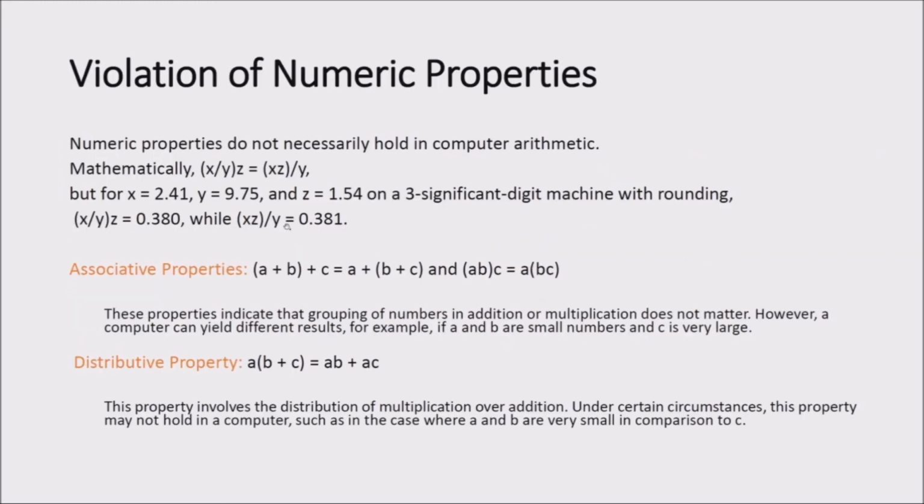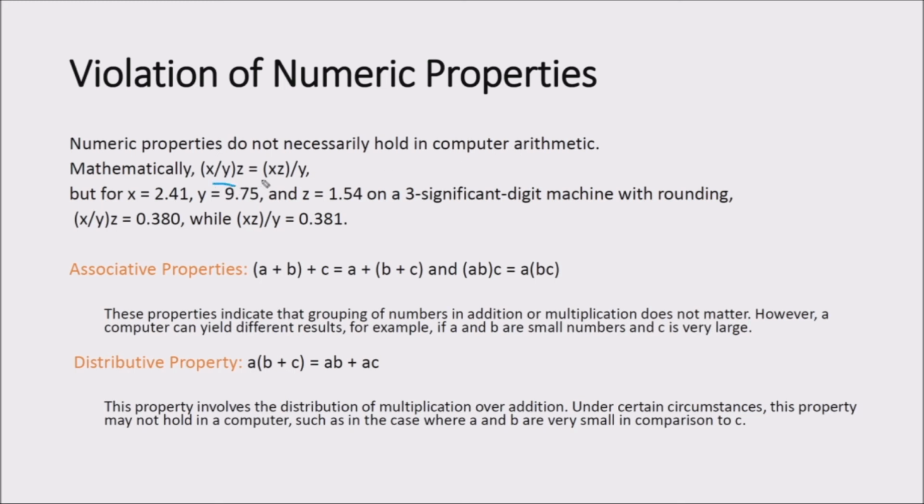Okay, so violation of numeric properties. This is the interesting one. Sometimes when you multiply two numbers and divide by one number, the result is not actually equal to dividing first and then multiplying by the other. Usually these two have to have the same output.